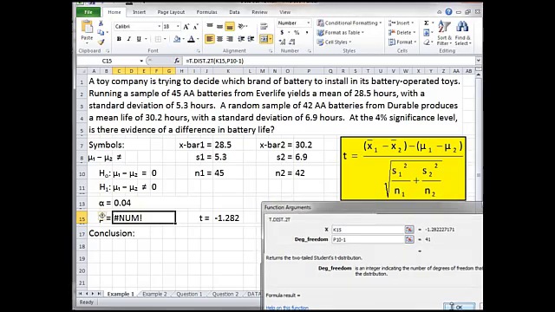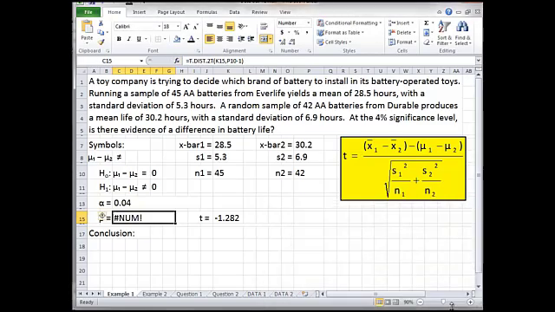So if we hit OK, we see that we've got an error. There's something wrong with the number that we included. Now, what the problem is here is that whenever we do a left-tailed test, your t-score should be negative. Whenever you do a right-tailed test, your t-score should be positive.